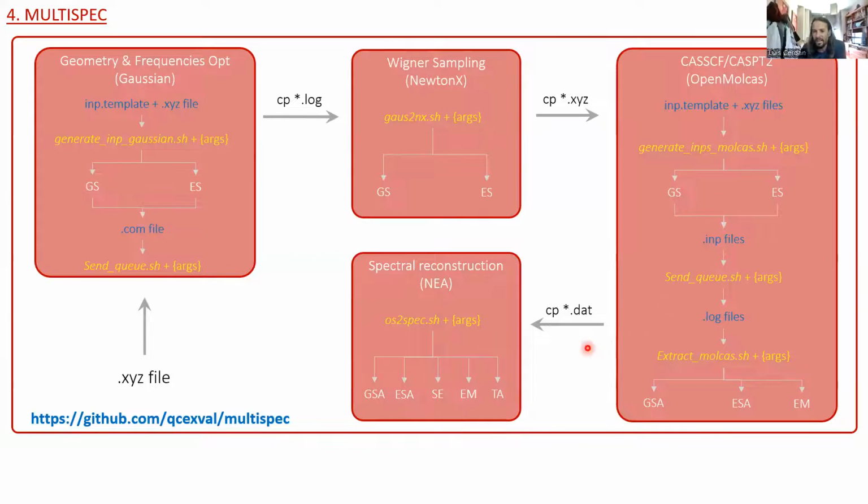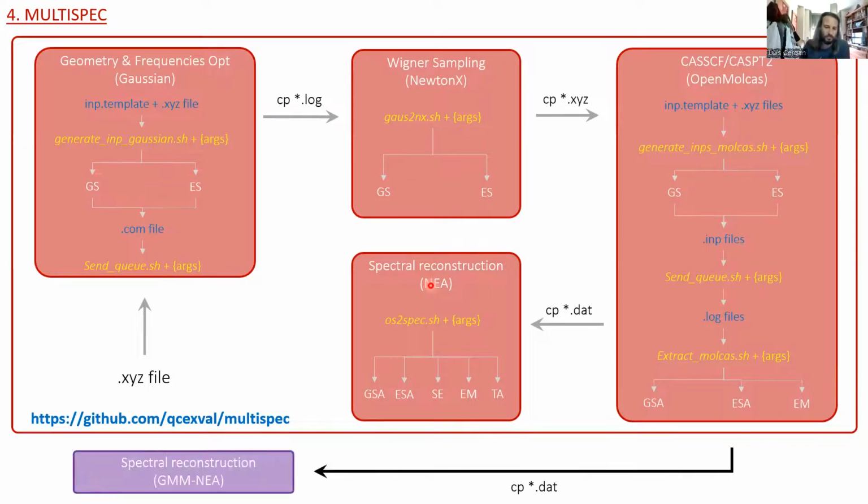Finally, as currently implemented, all the results from OpenMOLCAS will result in a spectrum using the classical NEA, classical in the sense that you have to manually select the empirical bandwidth. Eventually, there will be a folder with GMM-NEA so that you don't have to do it manually. Currently, what you have to do is remove the data from the OpenMOLCAS folder and copy them into your spectral reconstruction folder and do it independently.